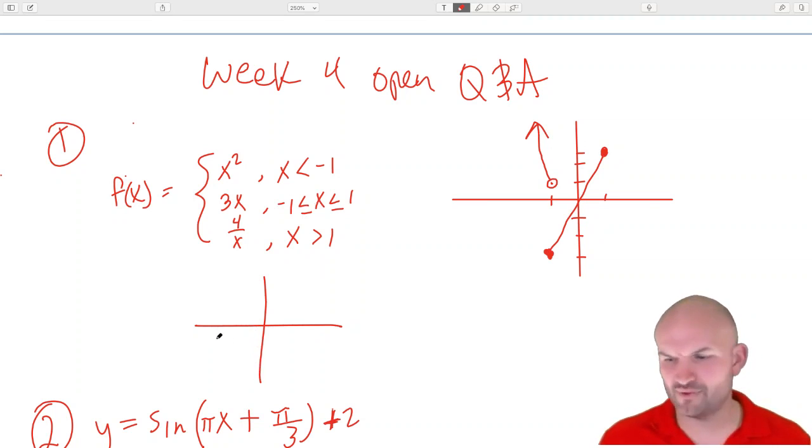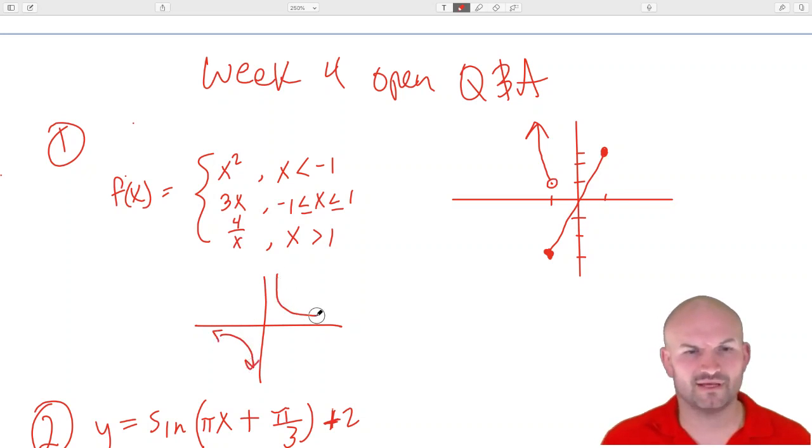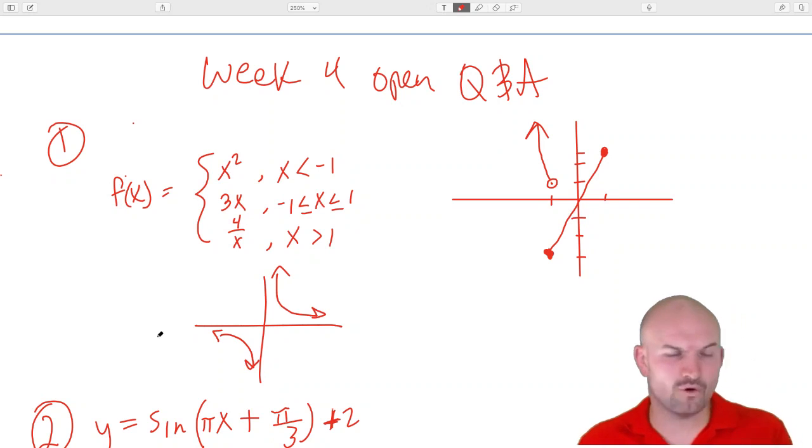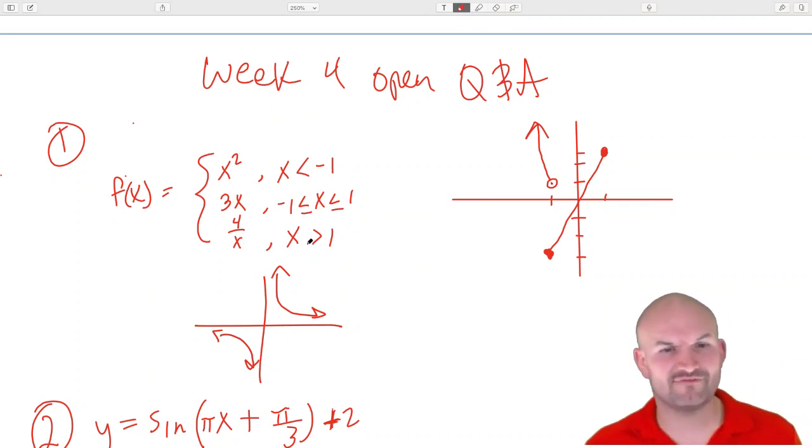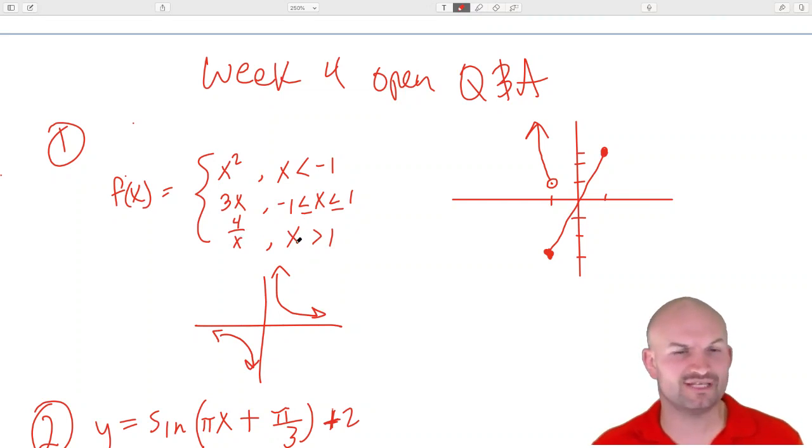The one thing we want to make sure we understand about this graph is that there's still going to be a horizontal asymptote at 0. Now, if you plug in 1, even though 1 is not defined here, you would get the number 4. So 1, 2, 3, 4. I guess that's going to be an open circle.